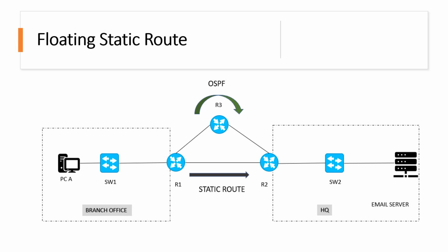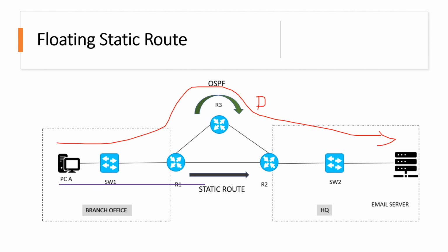Let us take an example where you have multiple paths to a specific destination, similar to the previous example, where one path is used as primary and the other as secondary. This will be our primary path and this will be our secondary path. Let's say I have a server in the branch office that wants to communicate with an email server in the HQ office, and to reach it I have two paths available, one in red, one in blue.